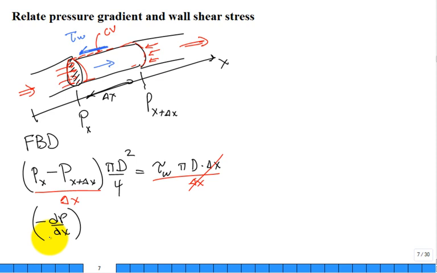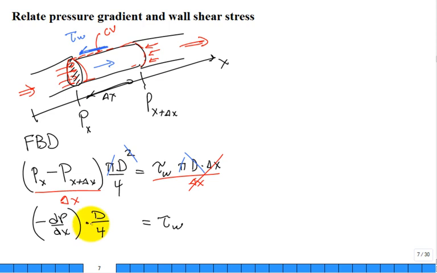All right. We can cancel some other terms like the pi, one of the d's, and then we get that the wall shear stress is equal to the negative of the pressure gradient, and then you have the diameter over 4.